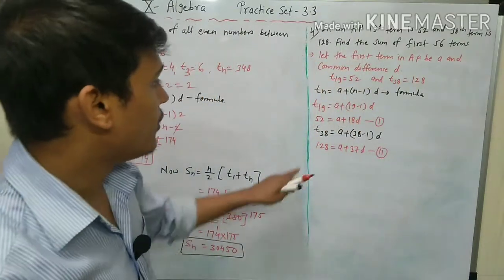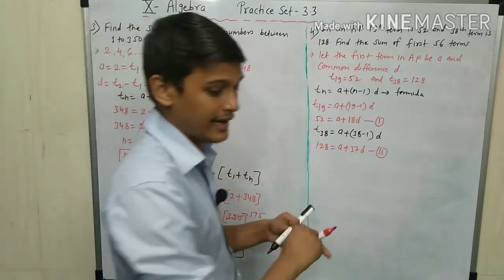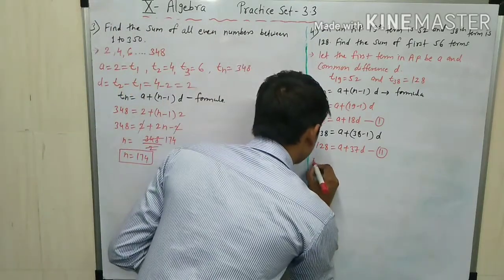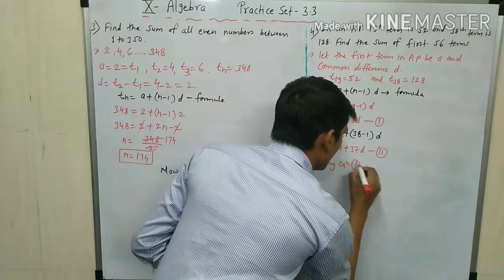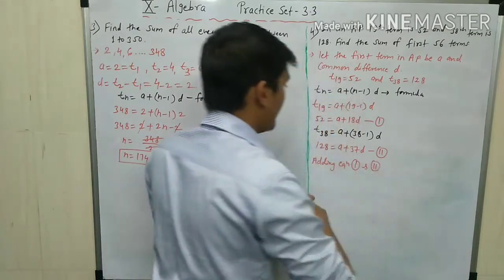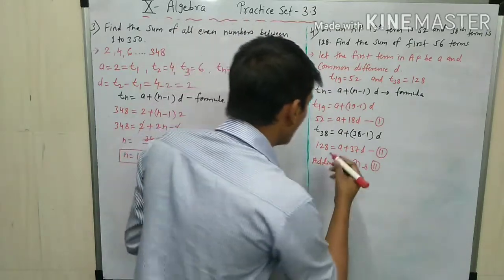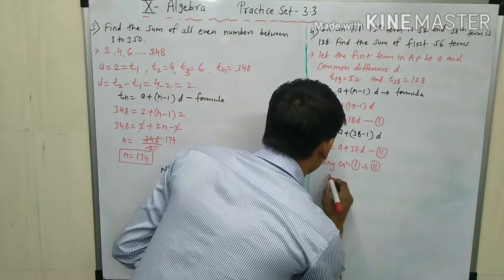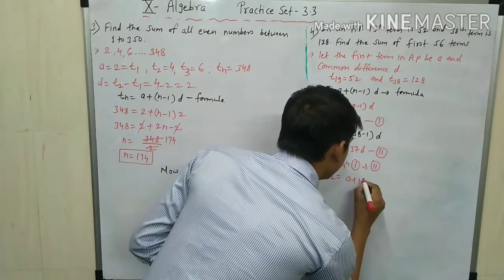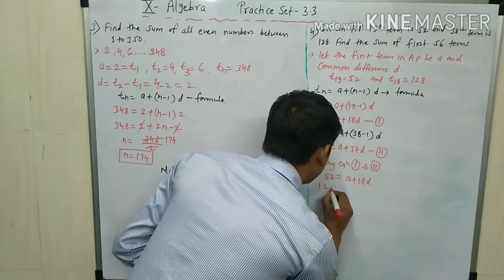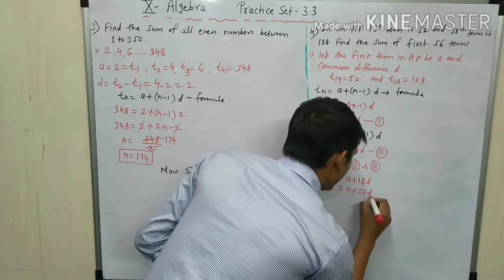Understood? Now we are adding equation 1 and 2. The first equation is 52 is equal to A plus 18D and 128 is equal to A plus 37D.